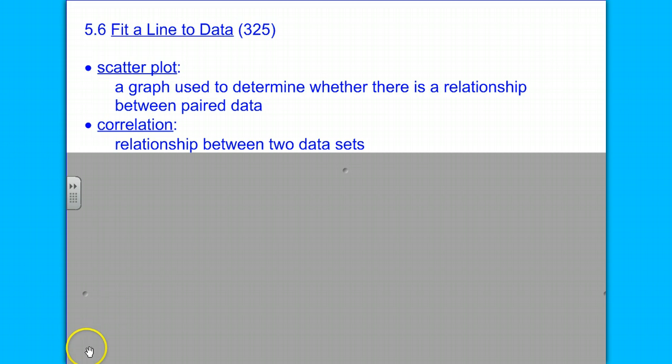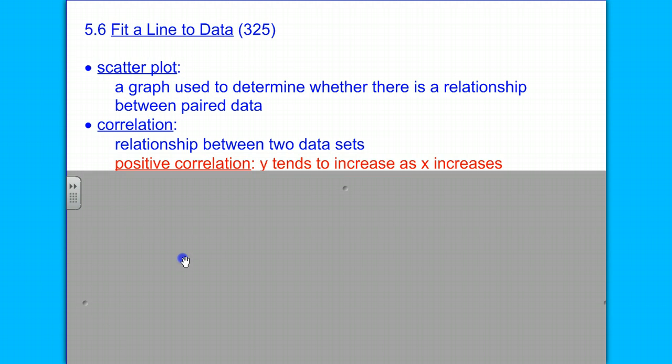And we have 3 possibilities. We could have a positive correlation, a negative correlation, or no correlation. A positive correlation is when y increases as x increases. This is going to be easier to see down below where we have a graph of it. Who could define then a negative correlation?